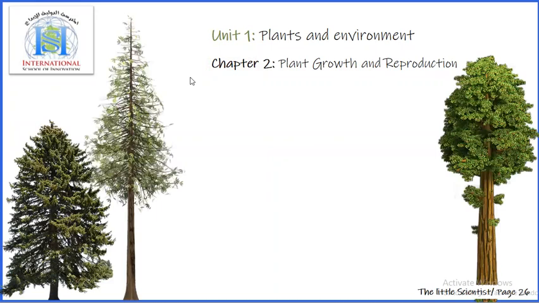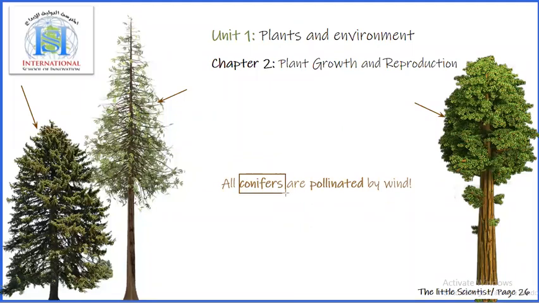The wind is a pollinator, as I just mentioned. The wind actually helps in pollinating conifers. So the trees that you can see right here, look at the screen, this tree and this tree are called conifers.